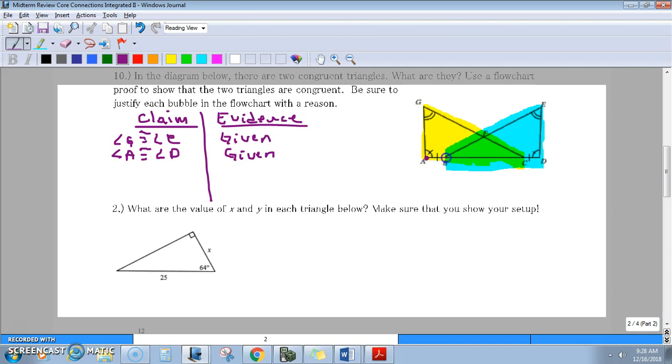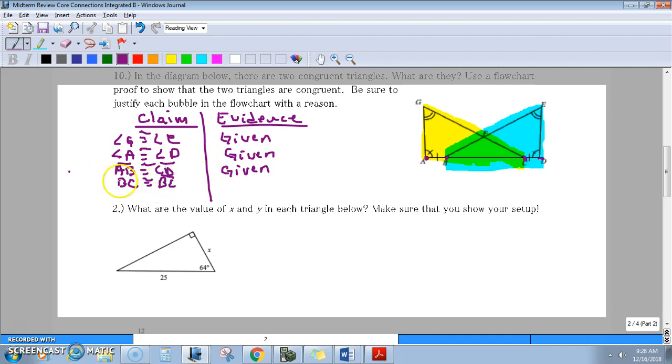We know that AB is congruent to CD, also given. And I know that BC is congruent to BC, duh, it's the same line.